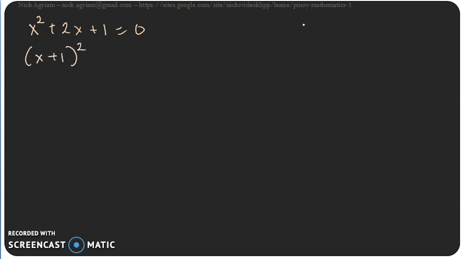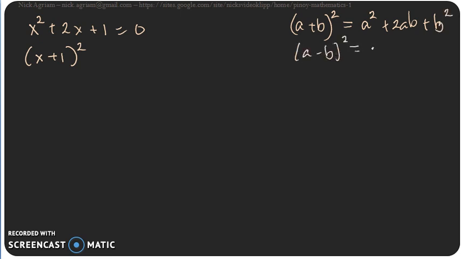If you remember this one, a plus b squared is equal to a squared plus 2ab plus b squared. And we have a minus b squared is equal to a squared minus 2ab plus b squared.